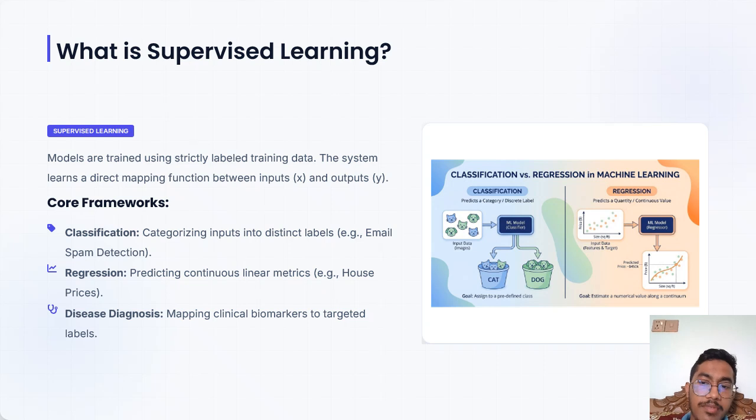In supervised learning we give it a data set and classify the data, like we give it 1000 data and train it that this is a cat or this is a dog. After that, when we give it new data and ask what it is, it tells us this is a cat or dog.